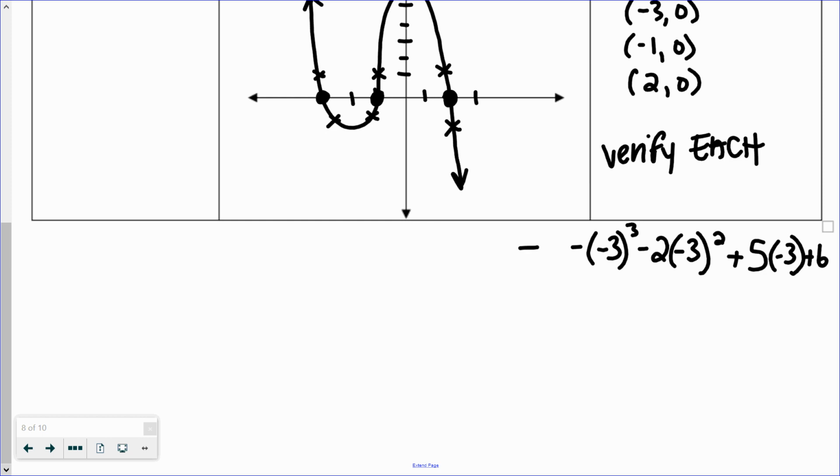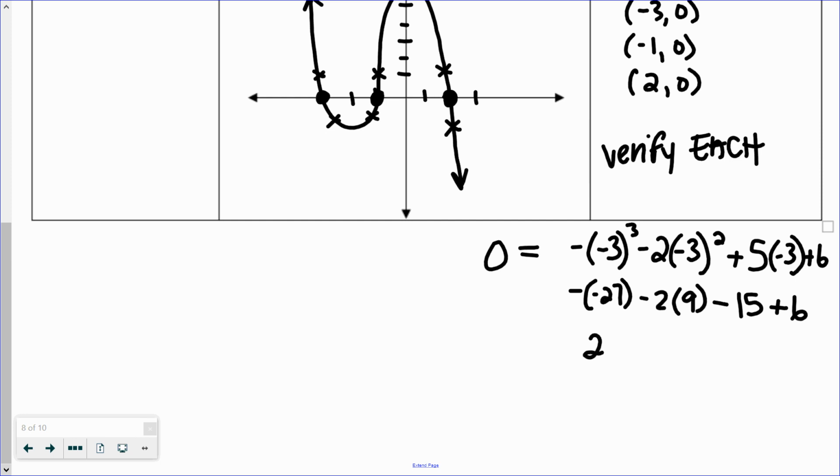I'm going to write equals 0 over here because I ran out of room. So -3 cubed is -27, so the negative of that is +27. -3 squared is 9. 5 times -3 is -15, and 6.